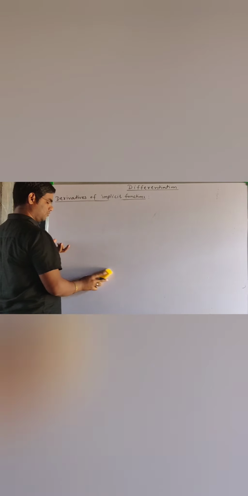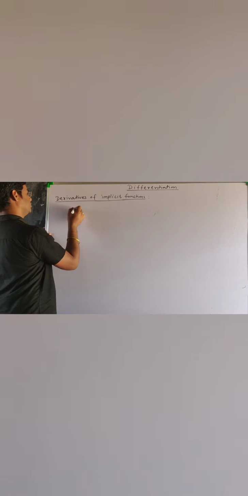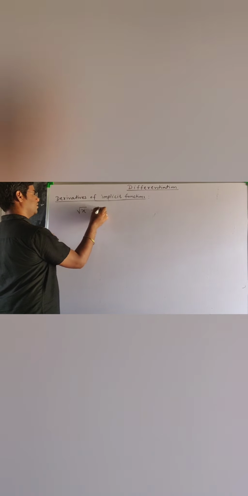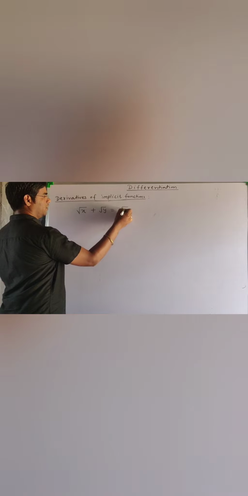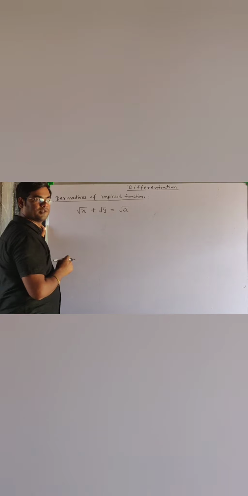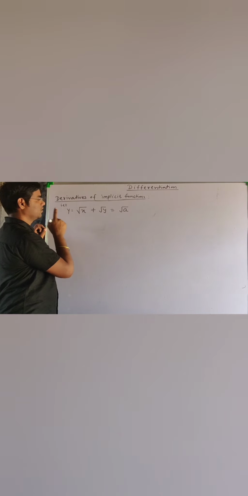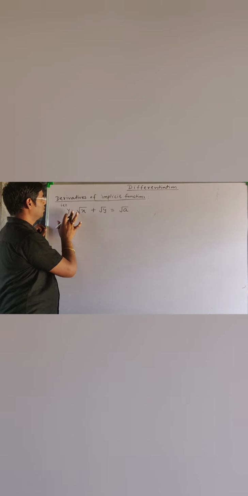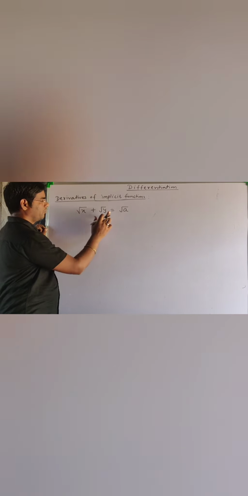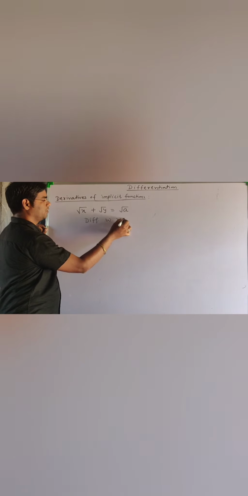So how to differentiate an implicit function? For implicit functions also you have to treat them as a composite function. Let us take one example. Suppose you have to differentiate root x plus root y is equal to root a, and here we have to find dy by dx. Whenever you have an equality sign in differentiation, there is no need to denote the sum by y, though in most sums we have a habit of doing so. Directly differentiate with respect to x.